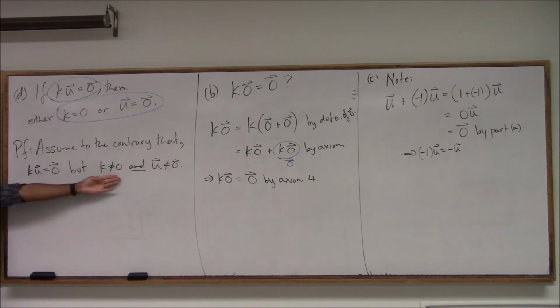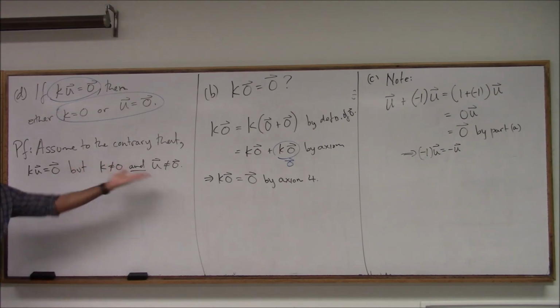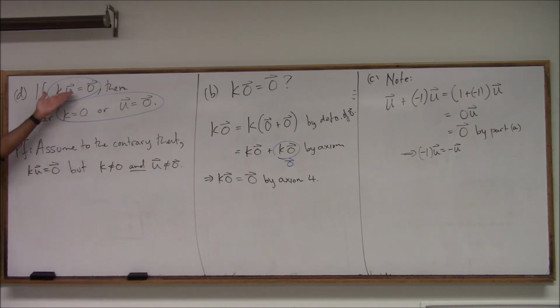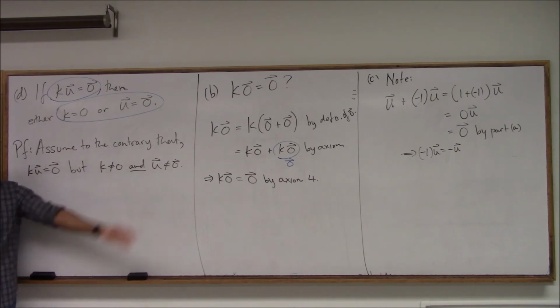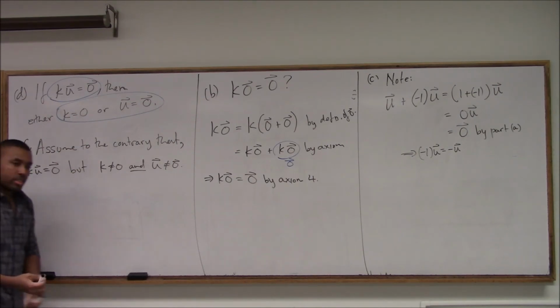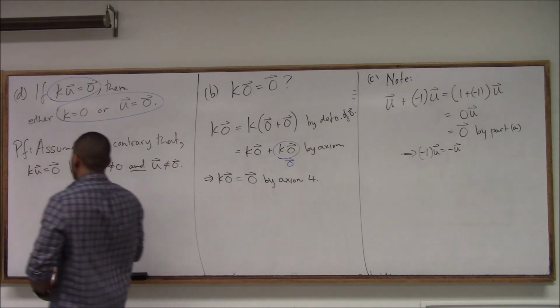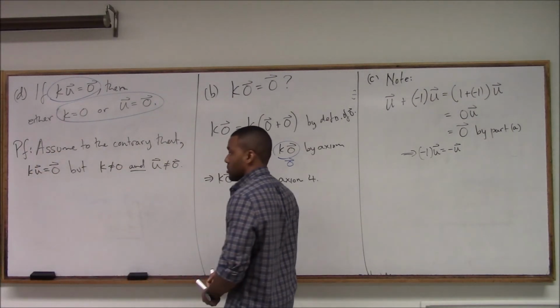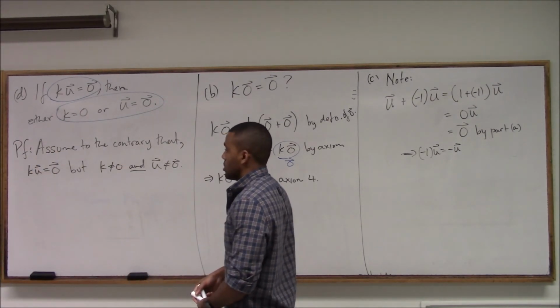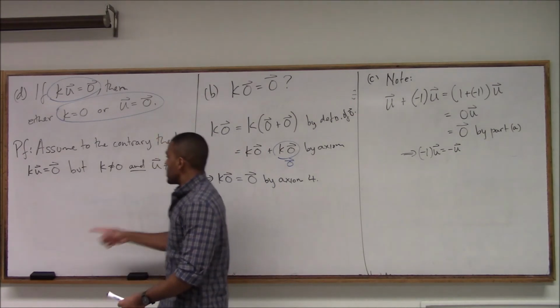I'm saying no, assume that's false. Assume that they're both false. So assume that the first statement is true, but this statement is false. So what can I do with that?